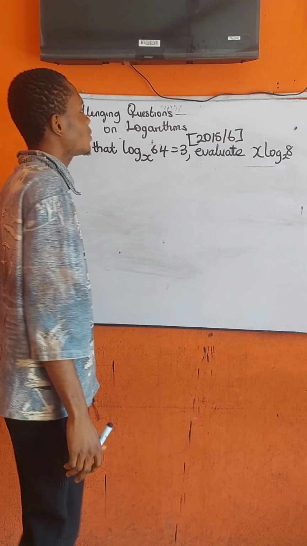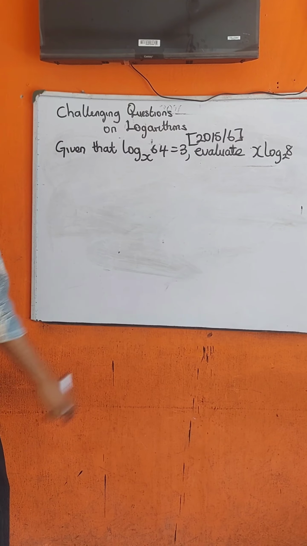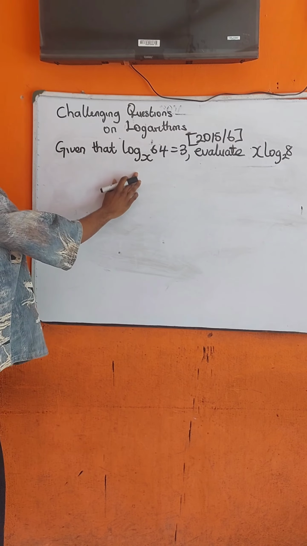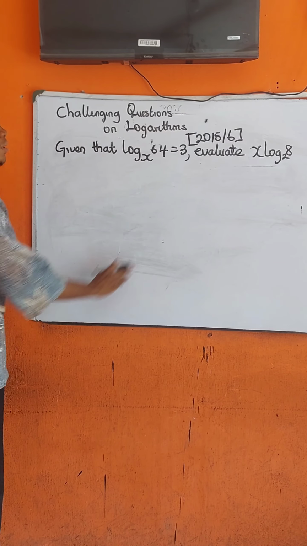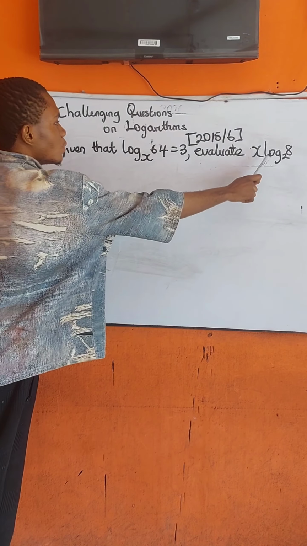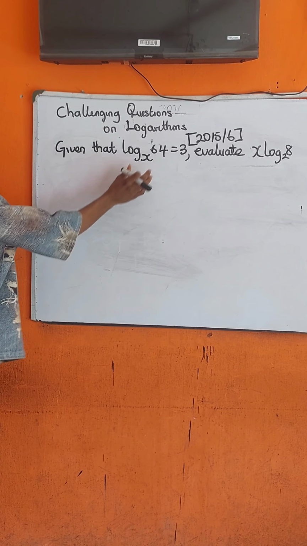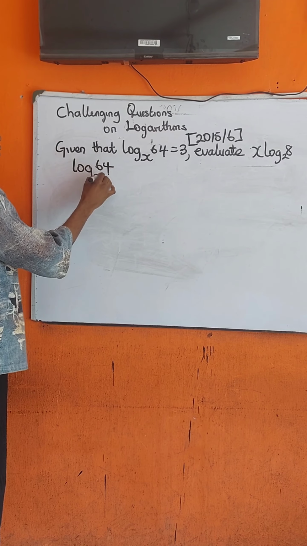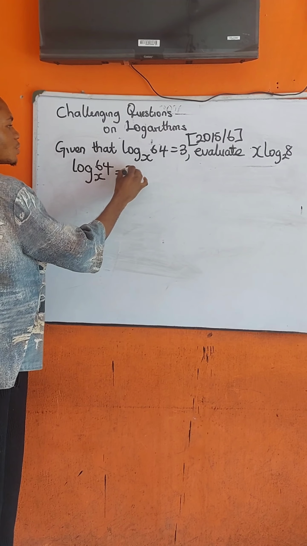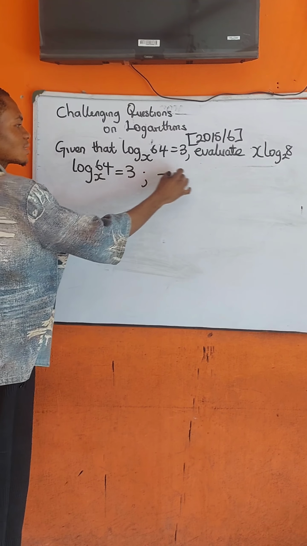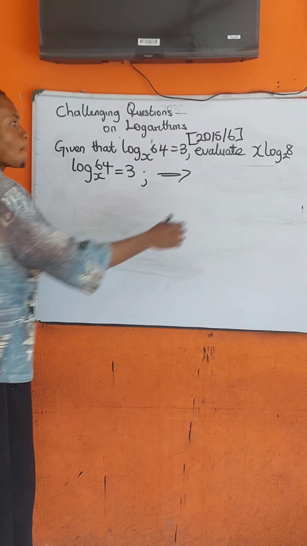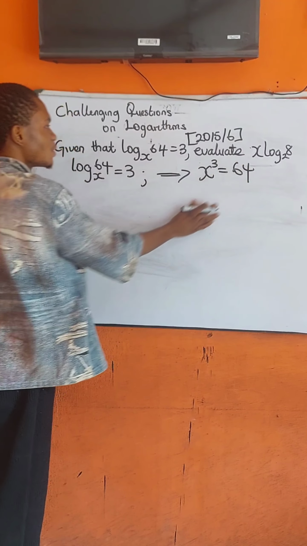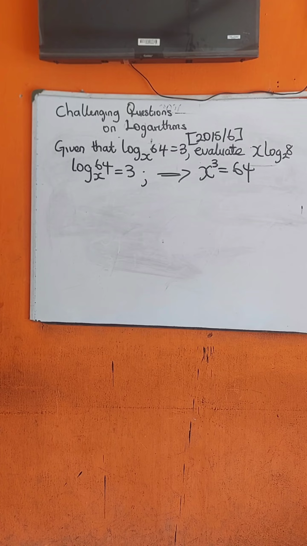Okay, this question was gotten from WAEC 2015. Given that log 64 base x is equal to 3, evaluate x log 8 base 2. First of all, let's find the value of x. Log 64 base x equals 3 is the same thing as x raised to the power 3 equals 64 in indices.